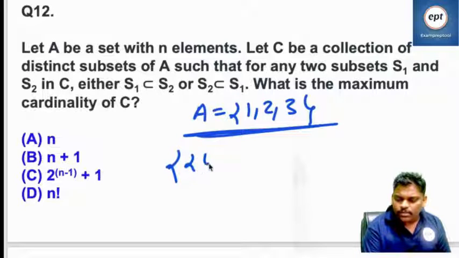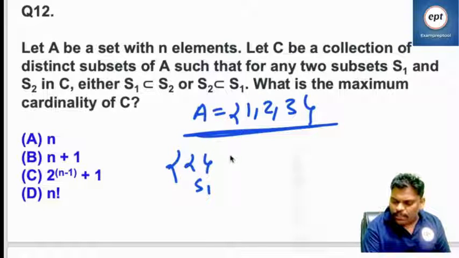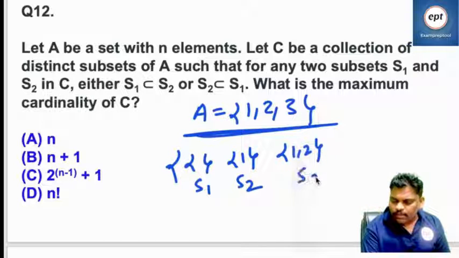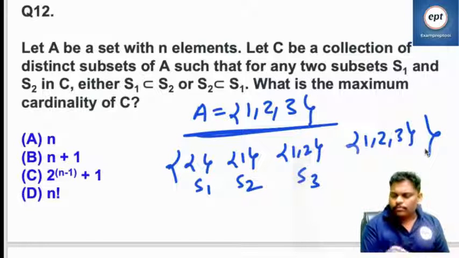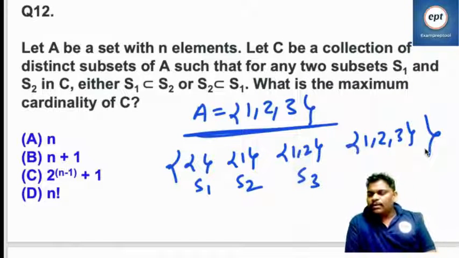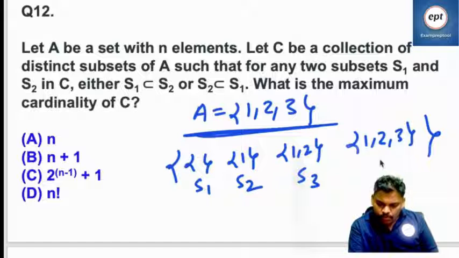Phi is one subset, S1. {1} is one subset, S2. {1, 2} is one subset, S3. {1, 2, 3} is one subset, S4. If you observe clearly, S1 is a subset of S2, S2 is a subset of S3, S3 is a subset of S4.